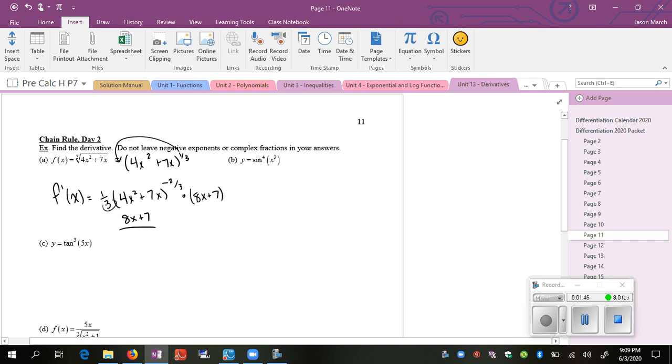So 3 times this is going to be underneath a radical. So we have the cube root of 4x squared plus 7x, squared, like that.